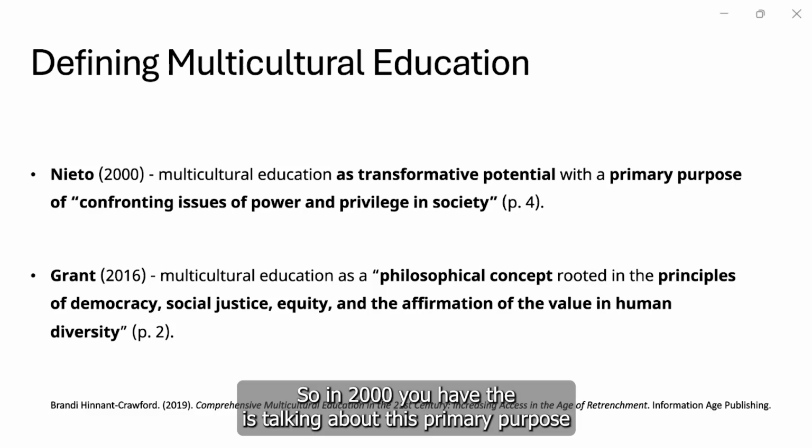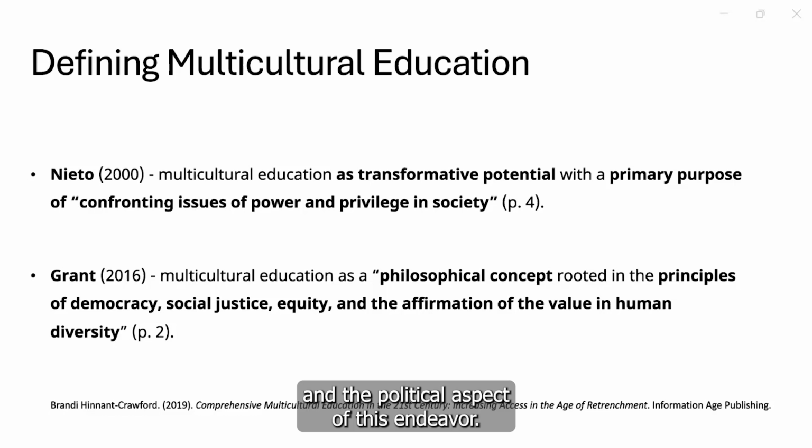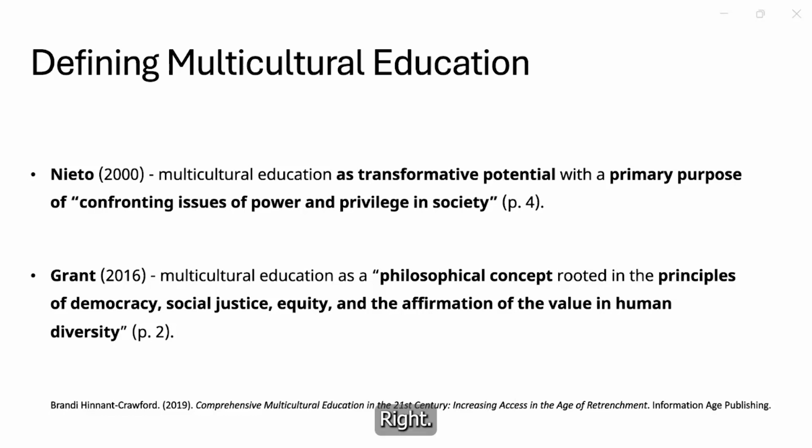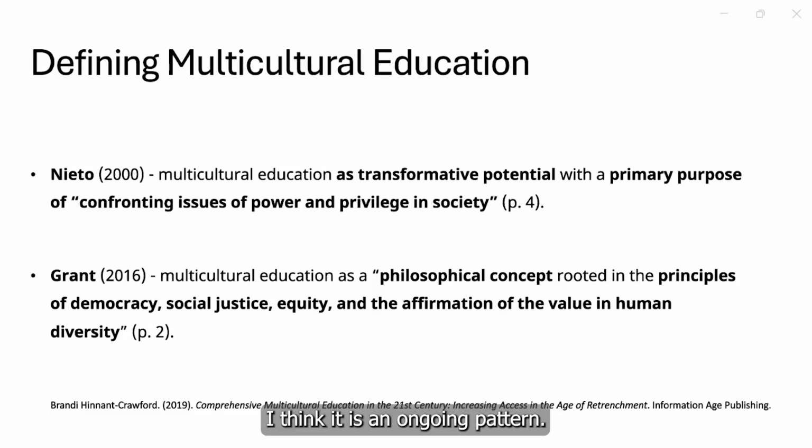So in 2000, Nieto is talking about this primary purpose as being confronting issues of power and privilege in society, and the political aspect of this endeavor, right, to introduce equity and further social justice, which is something Jennifer will talk about more later, I think is an ongoing pattern.